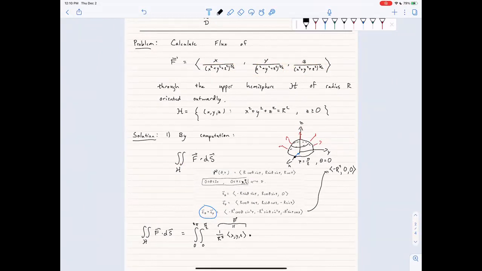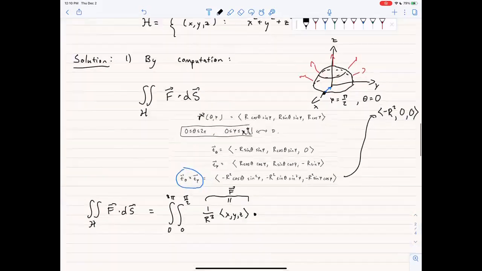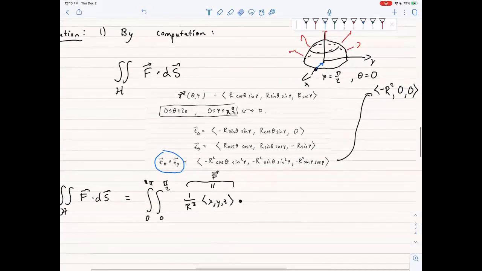I'm going to dot that with this business, with my T vectors. I'll write it this way. But now I need to put a negative sign. This is the wrong orientation. And here I'm going to write d phi, d theta.